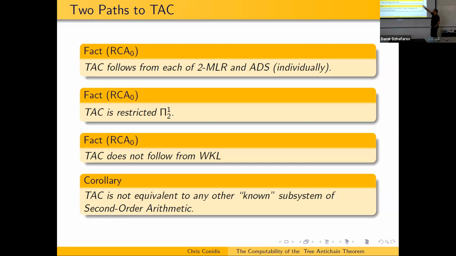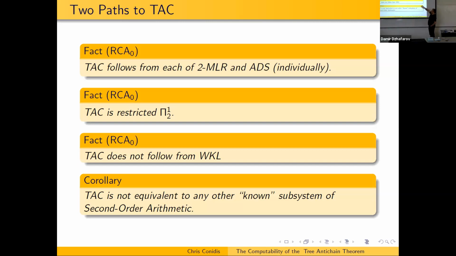the theorem of Hirschfeldt, Shore, and Slaman says that because it has this syntactic form, it's going to be BΣ2 conservative, I believe. So it has a certain nice syntactic form. Finally, you can show that it doesn't follow from Koenig's lemma.